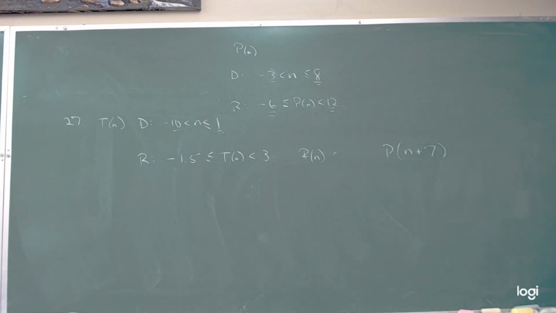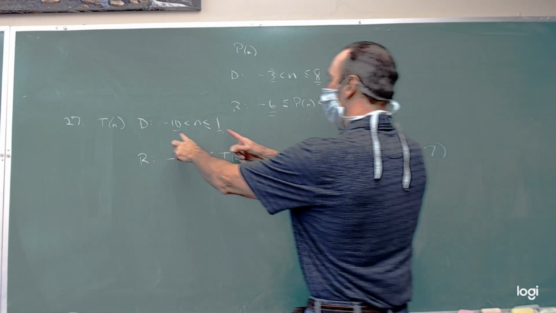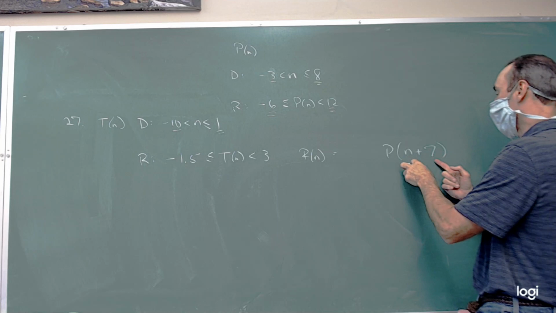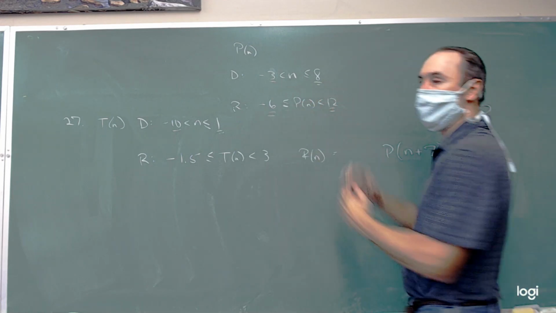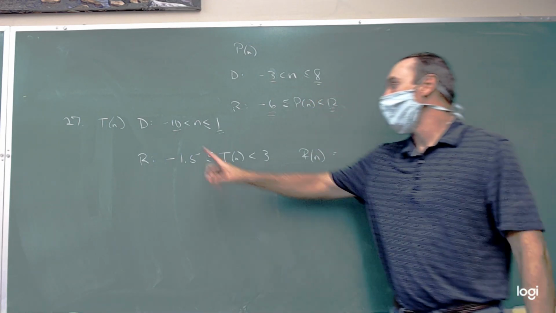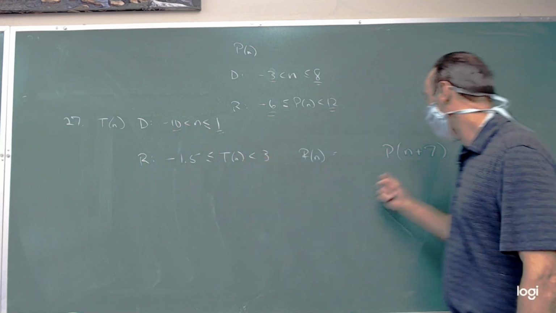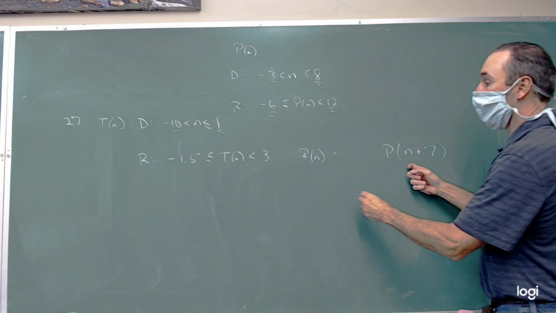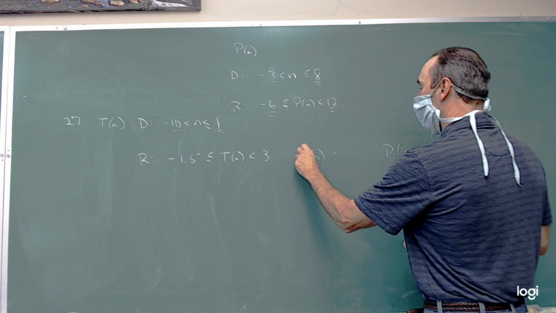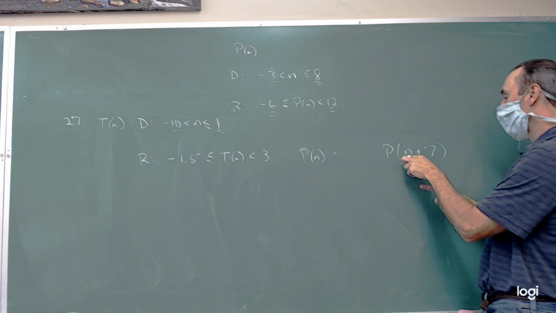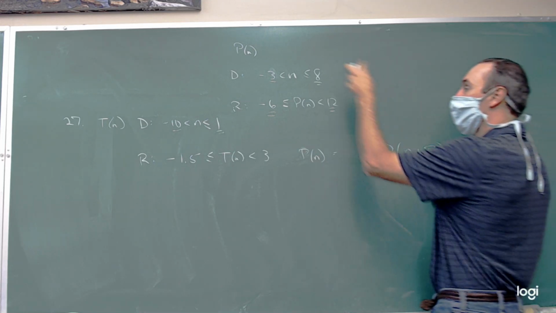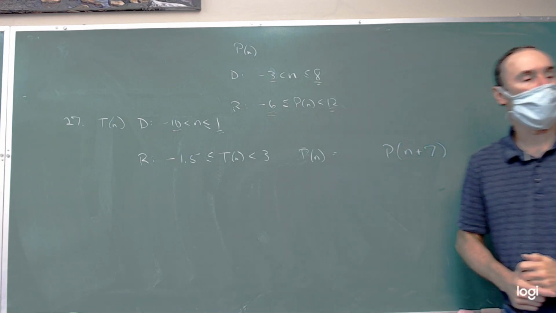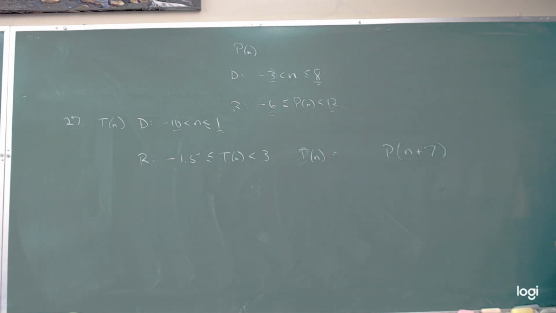Because we want to move everything to the left 7 so that when we use this as our domain with this, it's going to take us back to the same domain. So if we plug a negative 10 into our T of n, then when we plug in negative 10 plus 7, that's negative 3, which is going to be defined in the P of n. So that's the way we want to do that one, okay?